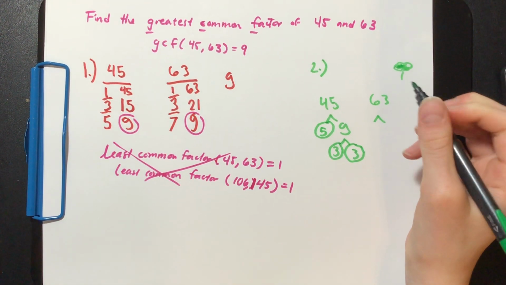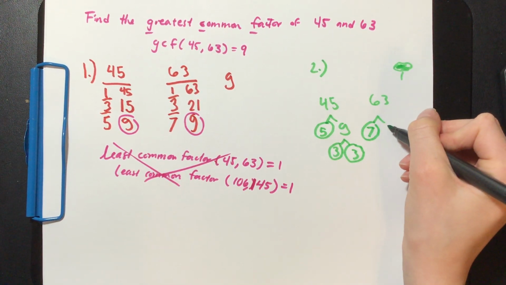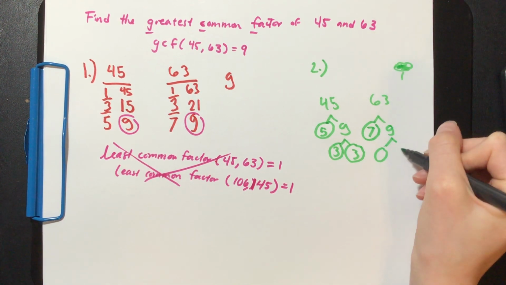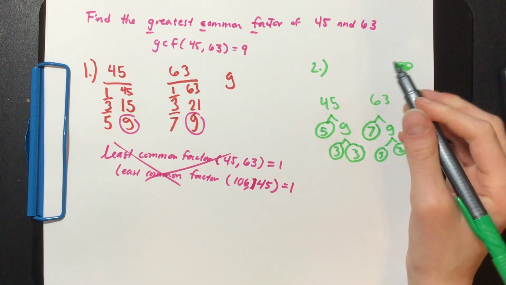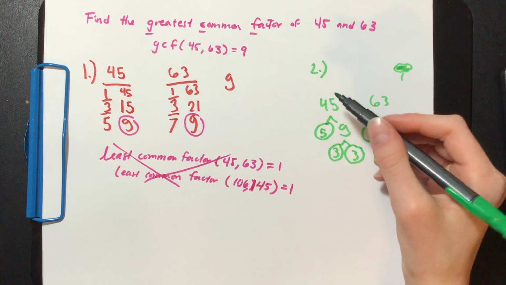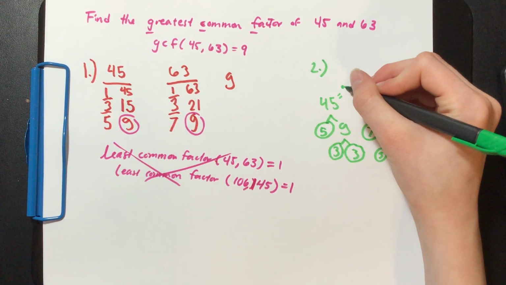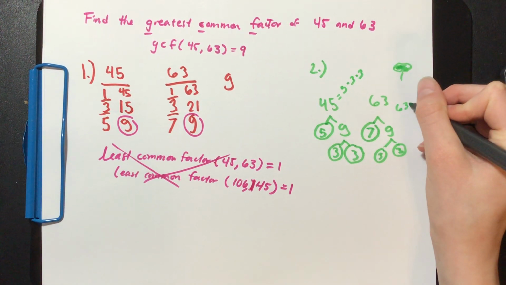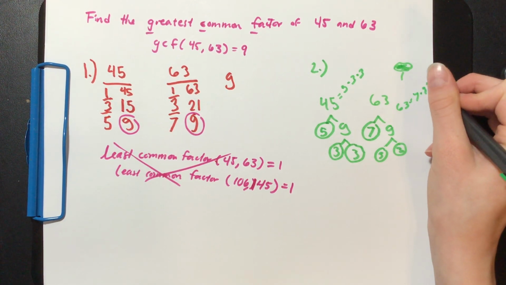And this can be split into 7, which is prime, and 9, which is not prime, and 3 and 3. So you're circling the prime numbers there. Yes. That means that we cannot split it up any farther. So 45 could also be equal to 5 times 3 times 3, and 63 could also be equal to 7 times 3 times 3.